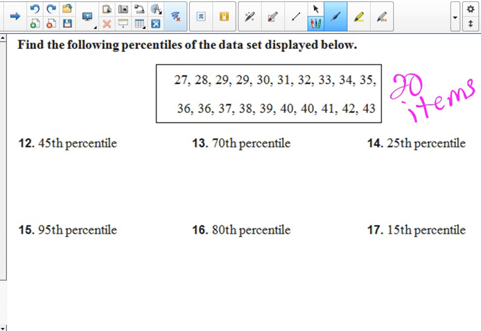So now to get your 45th percentile, what are we going to do? 20 times 0.45. And what's that going to equal? 9. So we're going to go to the ninth element. 1, 2, 3, 4, 5, 6, 7, 8, 9. So it's equal to 34.